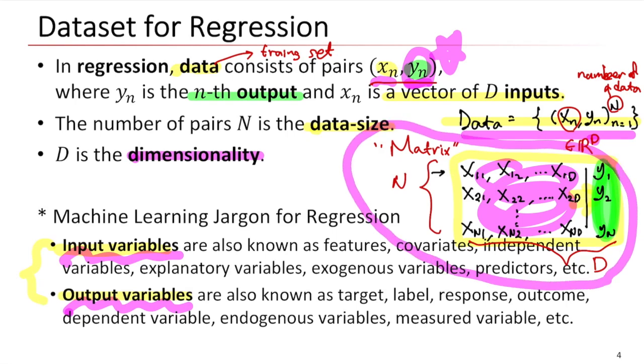In this case, n is the number of samples, and each sample consists of an input vector and a y1 output. Okay, so this is the training matrix.